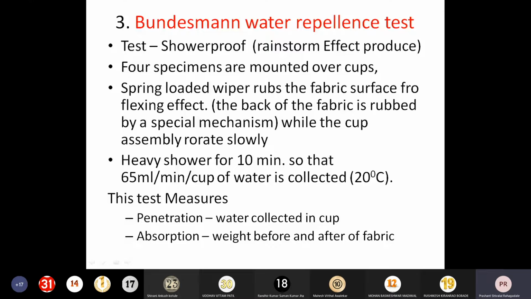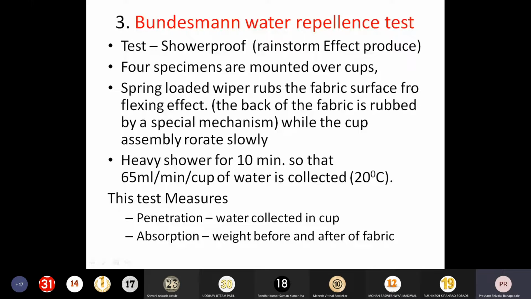So what we are checking here is how good or how bad your fabric is when you are in a rainstorm. An artificial rainstorm will be generated in the laboratory, and as it was devised by a scientist, his name is given here: the Bundesmann water repellency test.